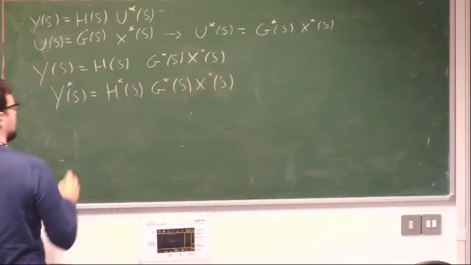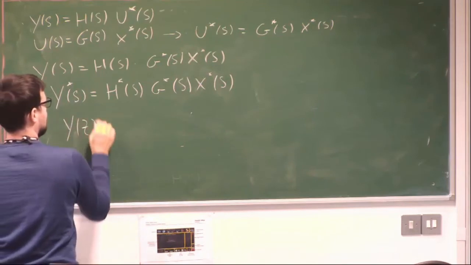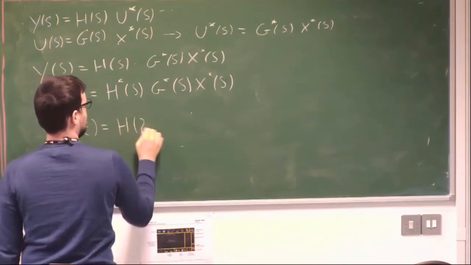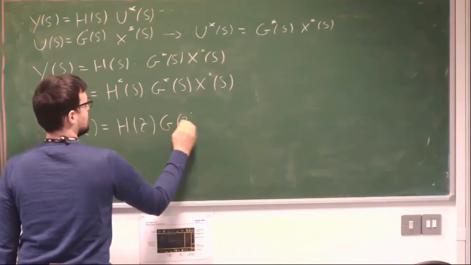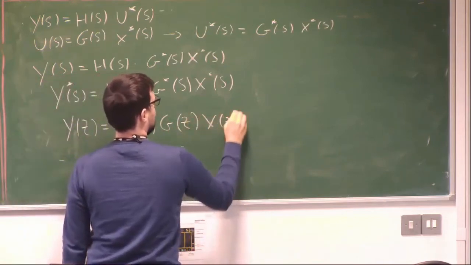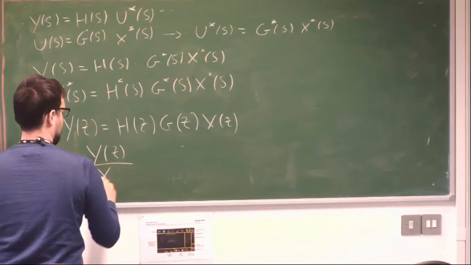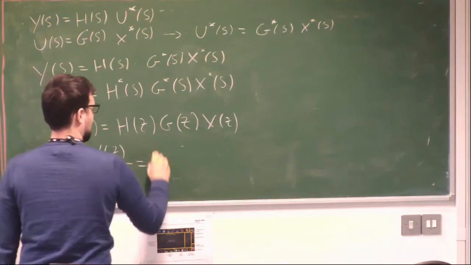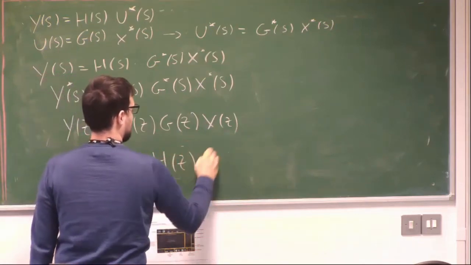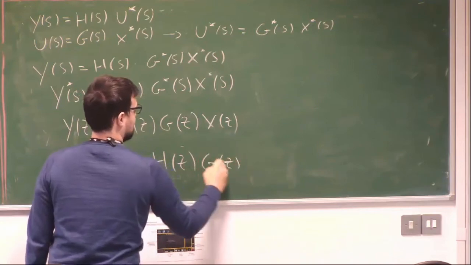And so we can write that y of z is equal to h of z, g of z, x of z. And we can define the transfer function y of z over x of z as h of z times g of z. Okay?